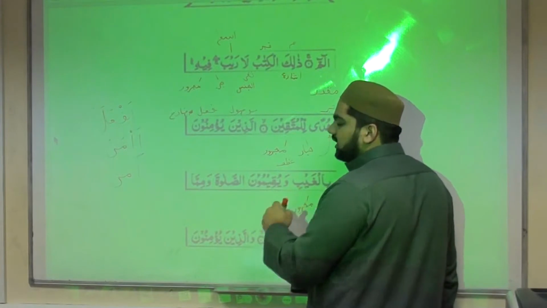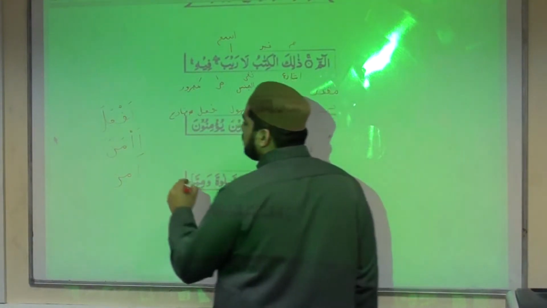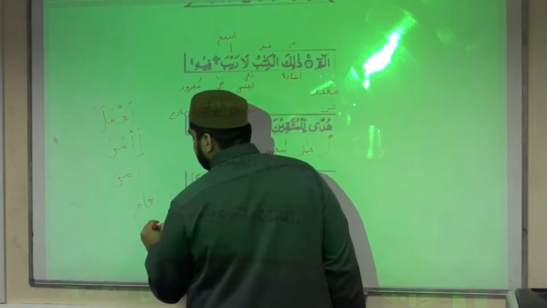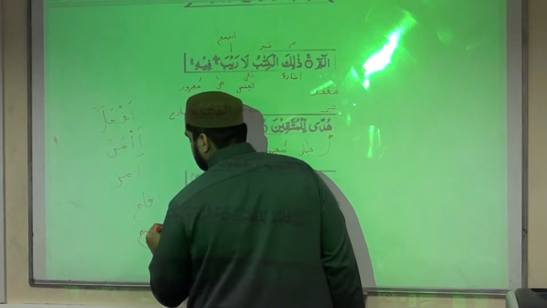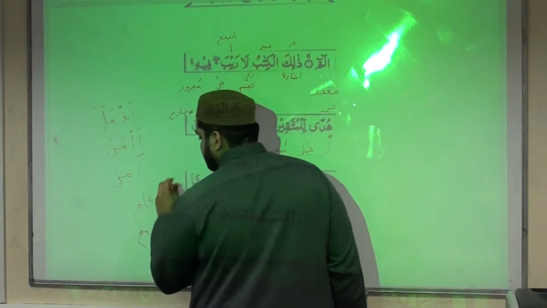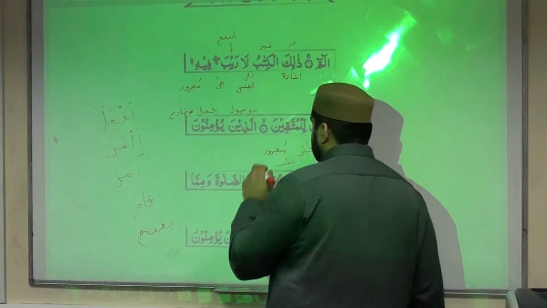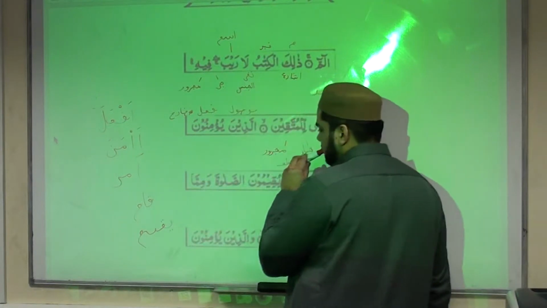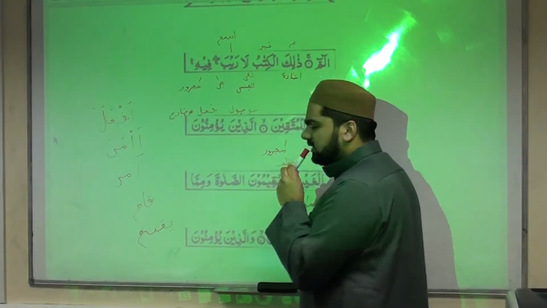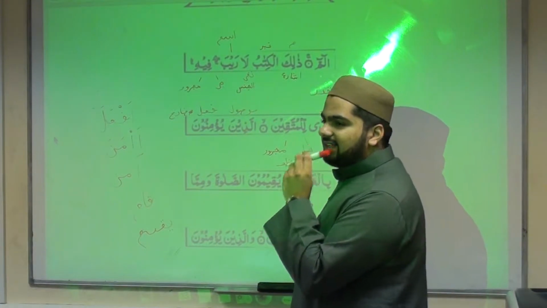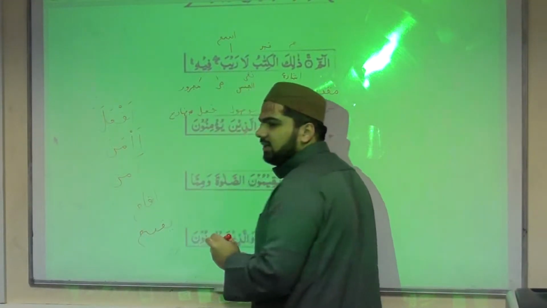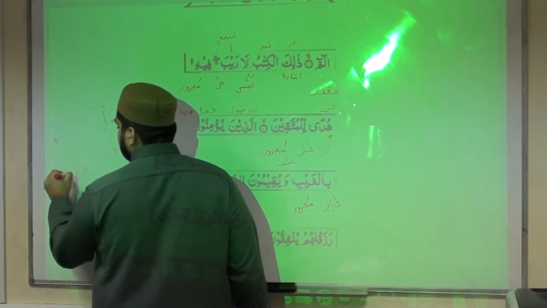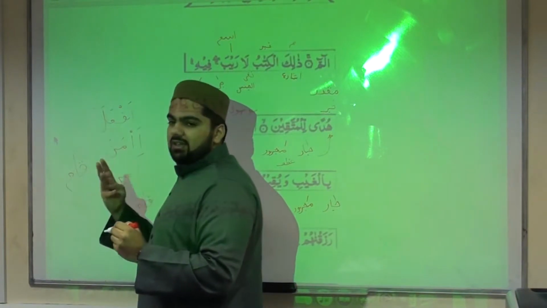So yuqimuna as-salata comes from aqama yaqumu, again bab 4. Aqama yuqimu. Is it not qama? Yes, it is actually. Qama yuqim, that's right. No, qama yuqimu, no, that's wrong, yeah. But I was right. It's aqama yuqimu. Qama yaqumu is the first bab. What is that? 1, 2, 3. 3 letters.